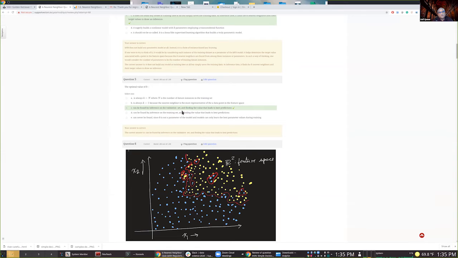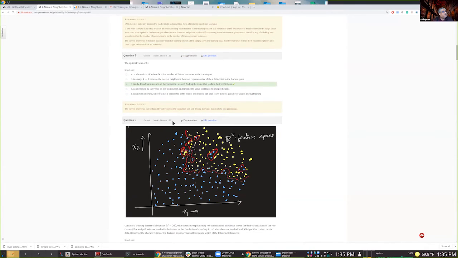The correct answer is that, like any hyperparameter in machine learning, you can only establish its value by doing a search for the best value, by building models again and again for different values of K and testing them on the validation set. You have to do cross-validation to establish the best value. Is this clear, guys? Any questions so far?